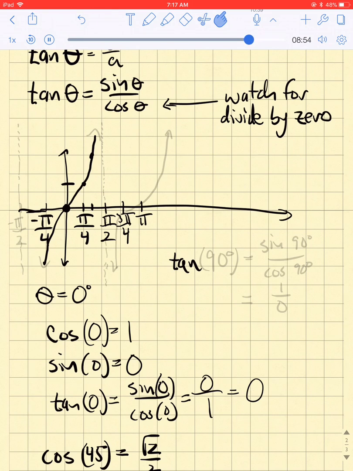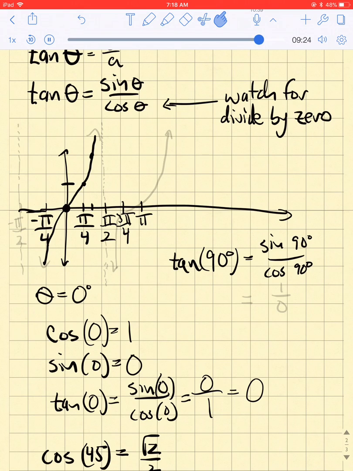So we end up having 1 divided by 0. So there's a vertical asymptote here, and at all multiples of pi over 2. So at negative pi over 2, there will be another vertical asymptote. Negative pi over 2 is more negative than negative pi over 4.